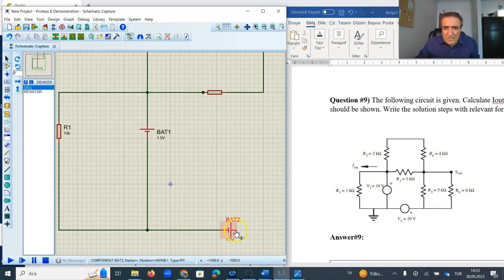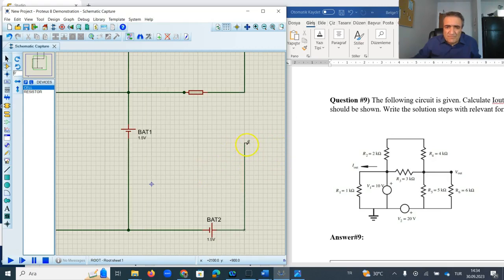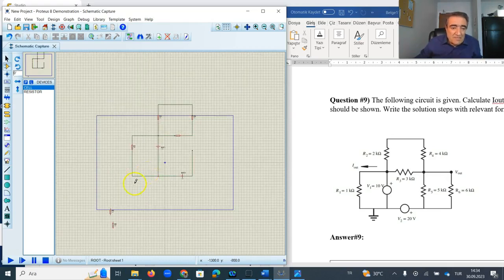Okay, we have here another resistor. And the value of the resistor is given there, 5 kilo ohm. I have to bring it to here. Double click, and where is the resistor? This is the resistor 5, I think, yeah.